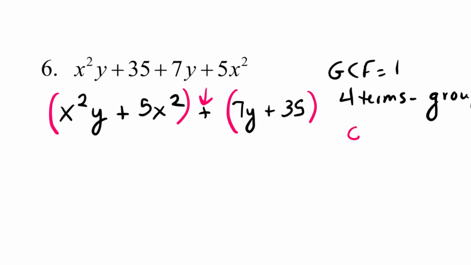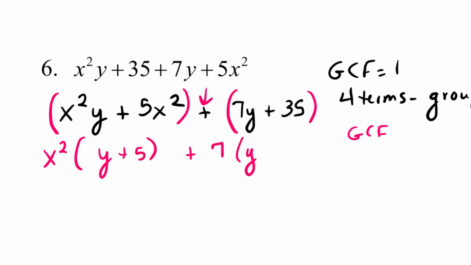Now you're going to look for GCFs, okay, for the grouping method, GCF of each group. So here it's x squared, which leaves us y plus 5. And then in the second group we have 7, which leaves us y plus 5. And with the grouping method, just a reminder that you know you're on the right track if these binomials match exactly.